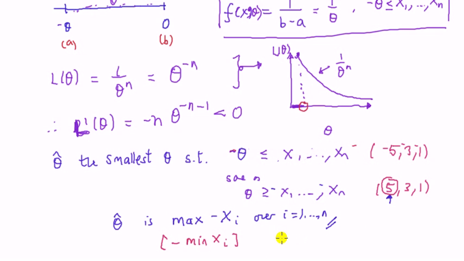Also, to help you if you're really thinking this through, this would be like a true or false question in one of my classes. Is the minimum of x_i equal to the minimum of minus x_i? Let's look at it.